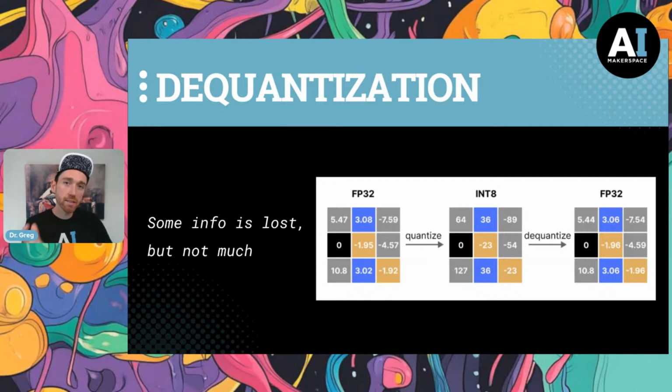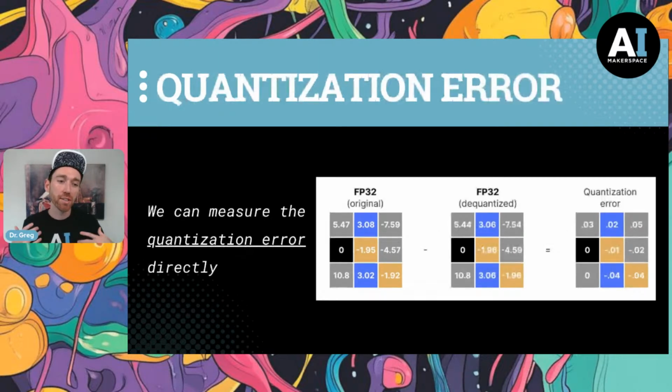We can also cast this in a slightly different light and just subtract the final dequantized from the original. That's what gives us quantization error. And this idea of quantization error is a place where we can start to thread together classic quantization into more advanced techniques like AWQ and GPTQ.